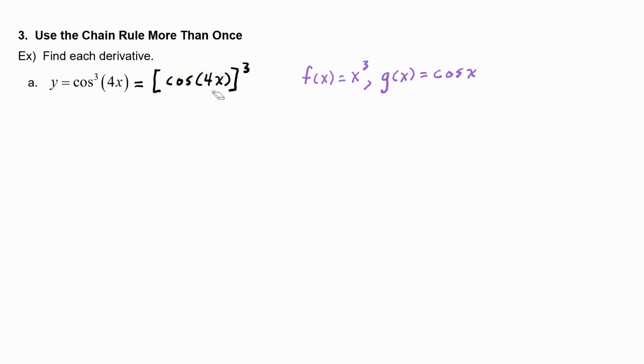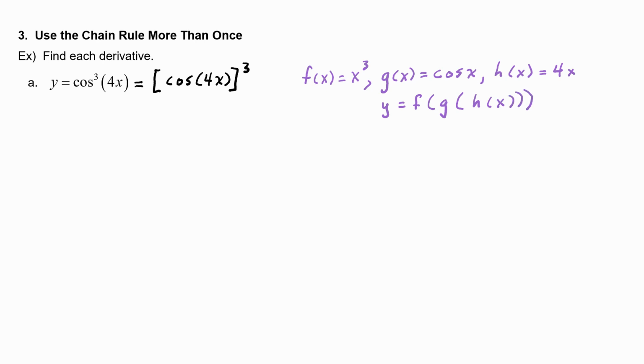And then finally, we have 4x. So let's call that h of x equals 4x. Then what we have is that our function y is equal to f of g of h of x.